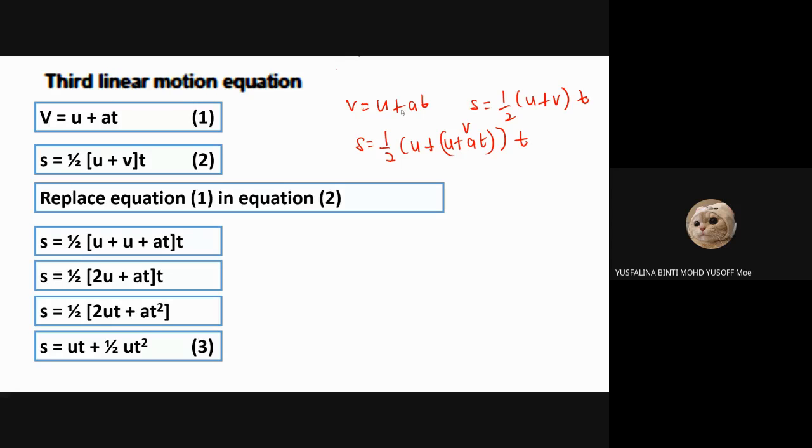Next step, U plus U is 2U, so I copy this back: S is half of 2U plus AT, multiplied by T. Then I expand it: U multiplied by T is UT, and AT multiplied by T gives AT square. Until that, can you follow? Can you understand?